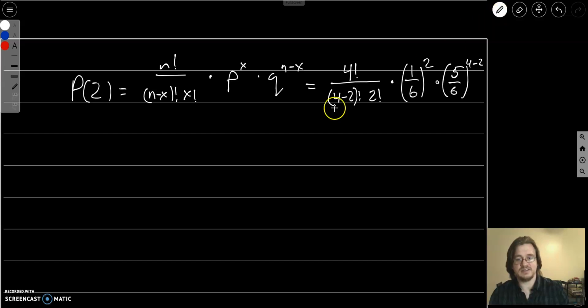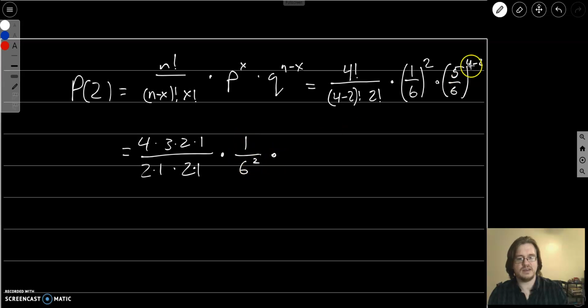A lot of this simplifies, so let me simplify this down here. 4 factorial is 4 times 3 times 2 times 1. 4 minus 2 is 2 factorial, so that's 2 times 1. 2 factorial is, again, another 2 times 1, not 21, 2 times 1. 1/6 to the 2nd power, well, that's 1 over 6 squared. And over here we've got 5/6 to the 2nd power, so that'll be 5 squared over 6 squared.